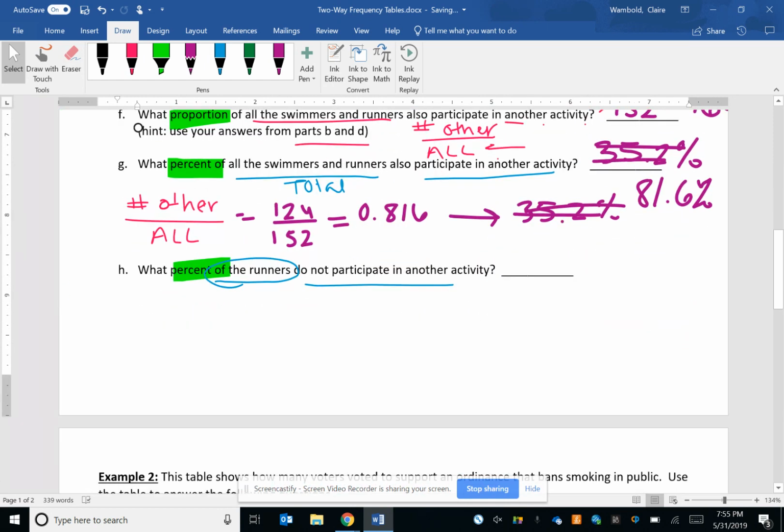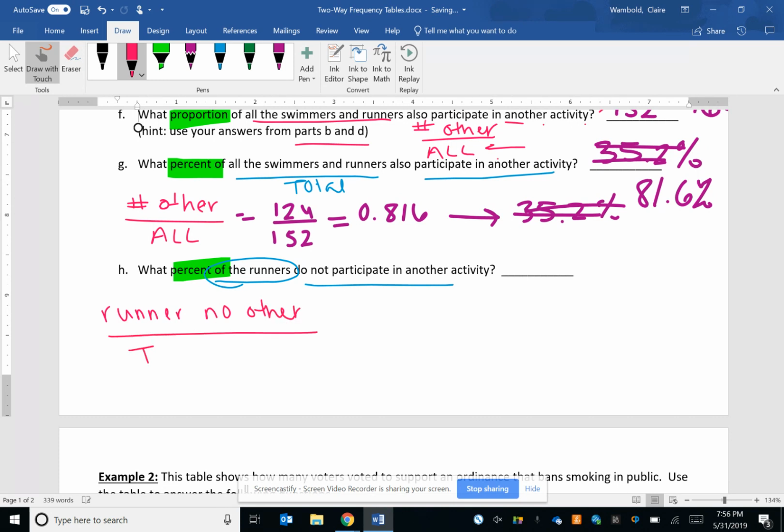So we're going to be dividing the runners with no other activity divided by the total number of runners, which turns out to be, we just noticed there were 18 runners with no other activity out of 84 runners. So this would be the proportion, but we're converting that to a decimal. So we're going to do this one correctly this time.